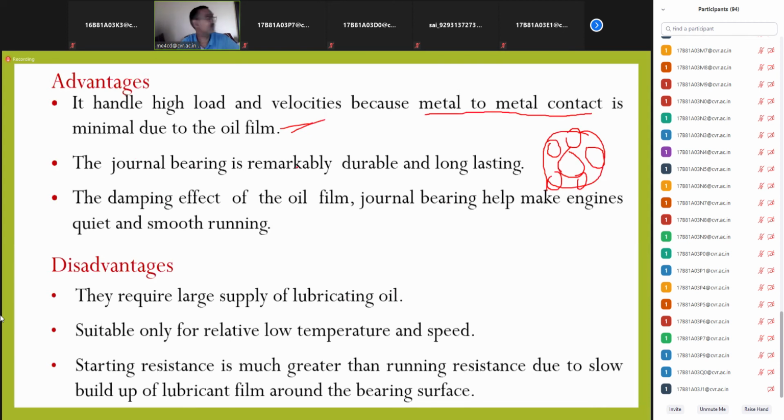The bearing is remarkably durable and long lasting, because the total load will be taken by the oil only. The damping effect of the oil film helps make engines quiet and smooth running. The total vibrations will be taken up by the oil, so it acts as a damper which absorbs the vibrations.